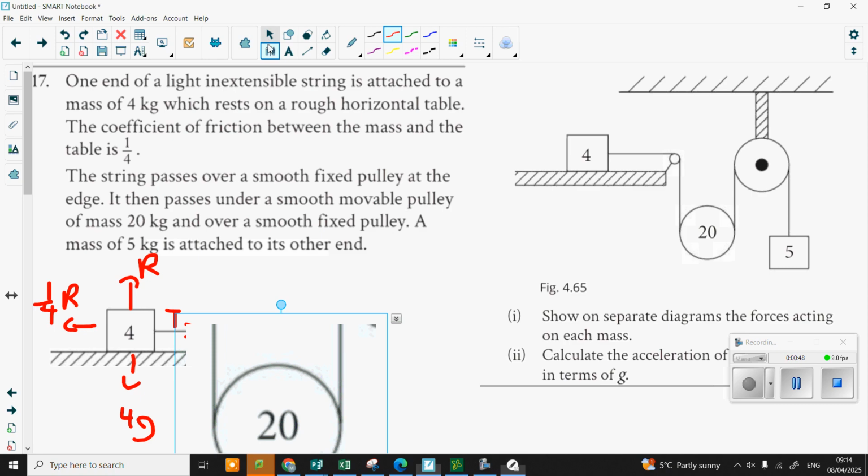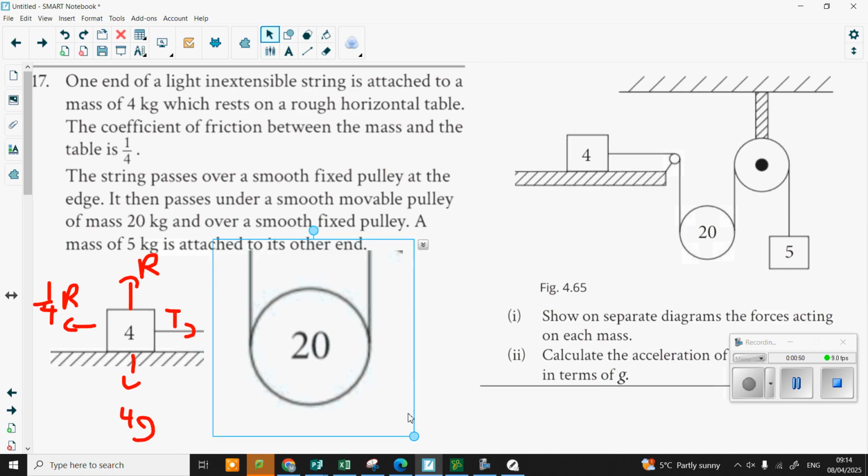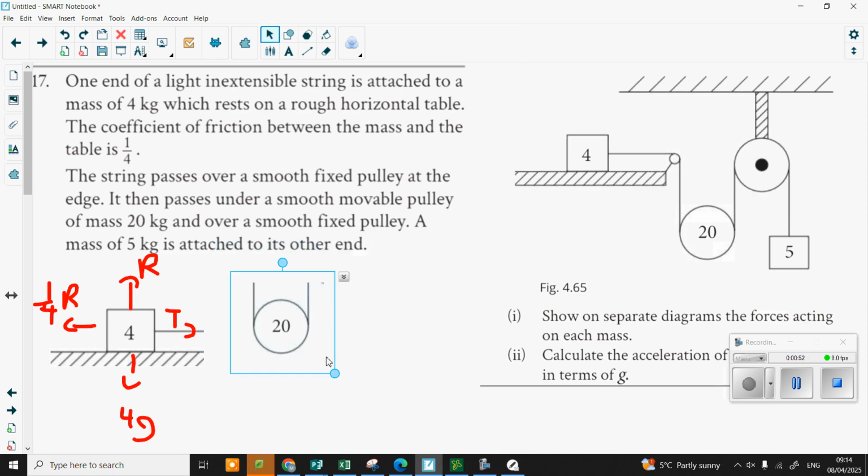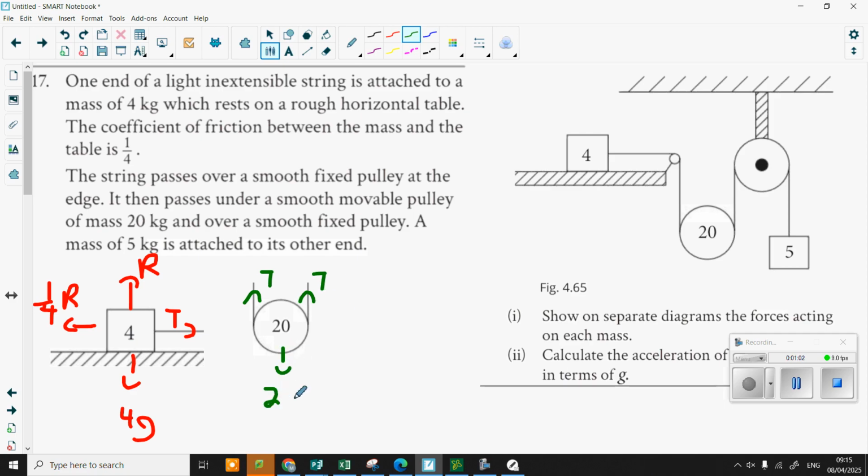And I'll put it here. What I'll do with this one is I will say it's T, and what we say is 20G. Okay. And the last one.